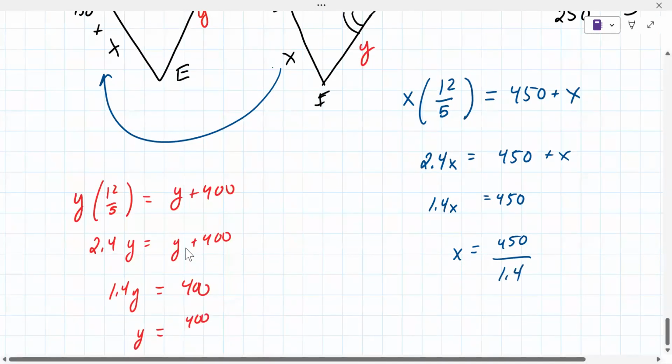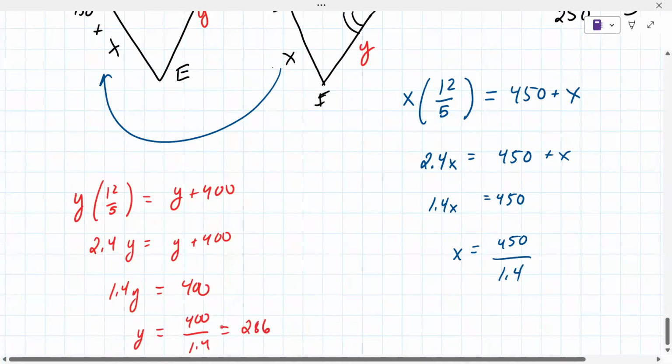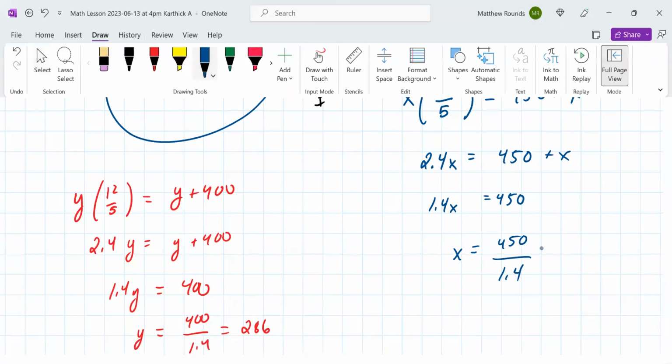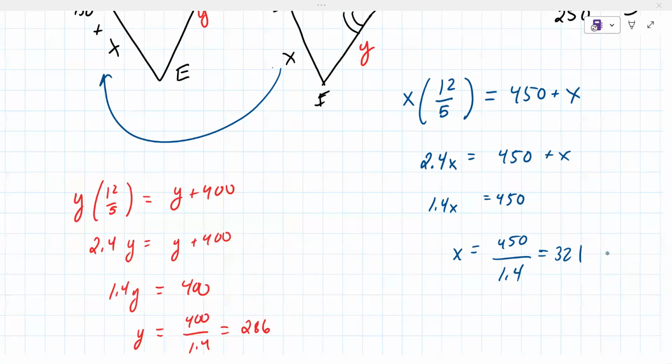Y equals 400 over 1.4, which I kind of thought was going to work out nicely. That one again just doesn't work out all that nicely. So this is 286, and the other one is 321. You'll have to decide if that's a problem, or maybe you'll get some feedback on it.